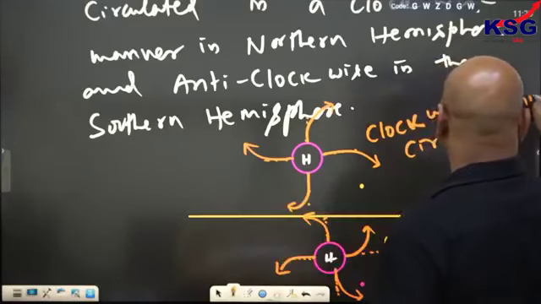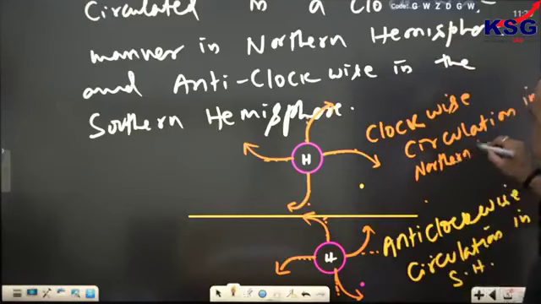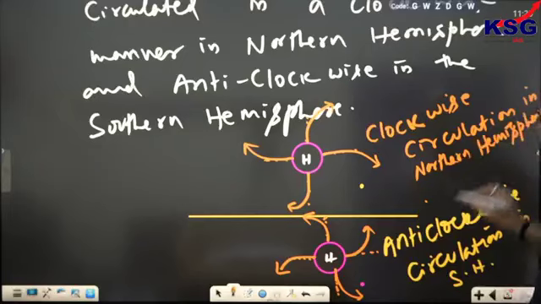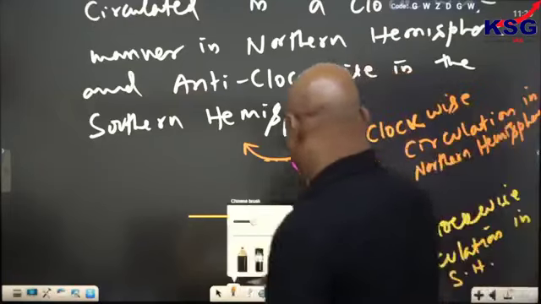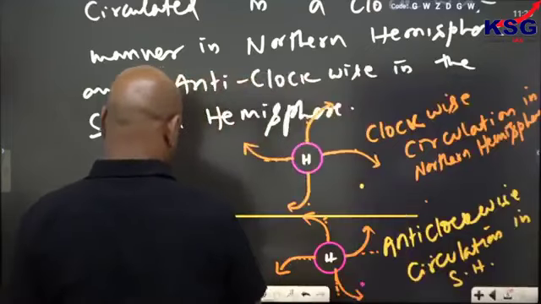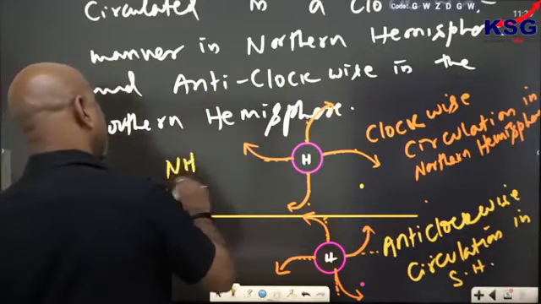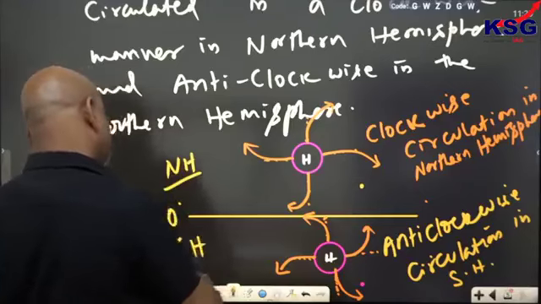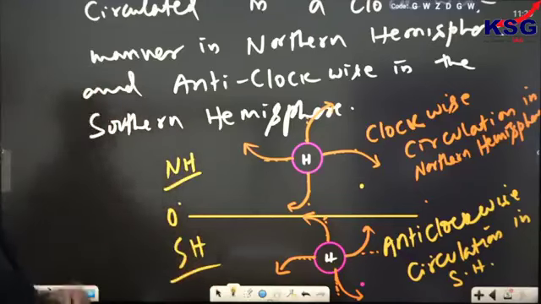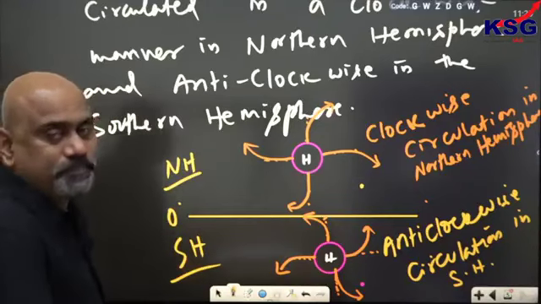Clockwise circulation in northern hemisphere. अगर ये इक्वेटर है, if this is the equator here, 0 degree equator, ये northern hemisphere है और ये southern hemisphere है, then you will have this type of circulation.